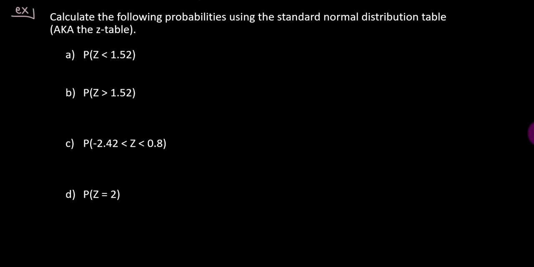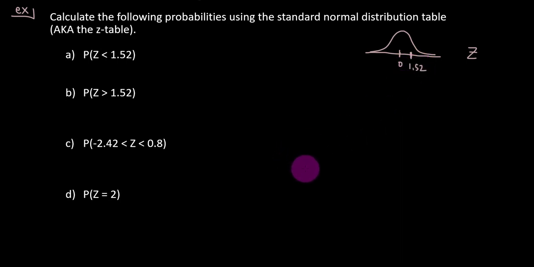Okay, I've got several examples lined up here. For each of them, we're going to find the solution, but I also think it's incredibly valuable to be able to represent these questions graphically. So for each of them, I'm going to draw a normal curve. I'm always going to put 0 in the middle because it's the standard normal called Z. And I want to represent this value positive 1.52, with one tick mark at 1.5. 1.52 would be right around there.